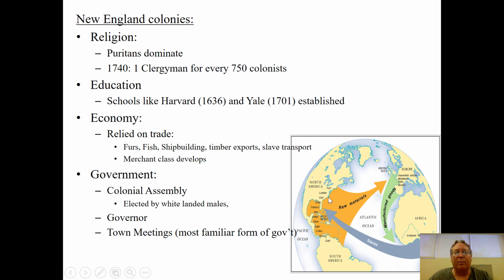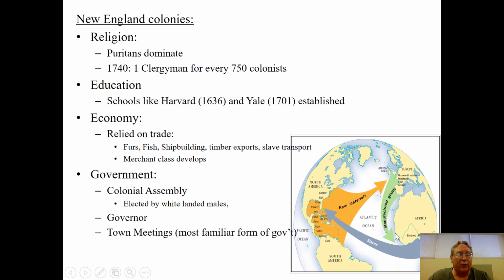They load up that lumber, that tobacco, those furs, that fish, whatever it might be, especially sugar cane from the Caribbean. They load it up on ships and they sail over to England, where they sell off all those raw materials, right? Unmanufactured goods, and buy manufactured goods in England.